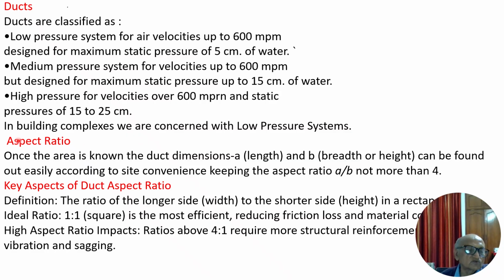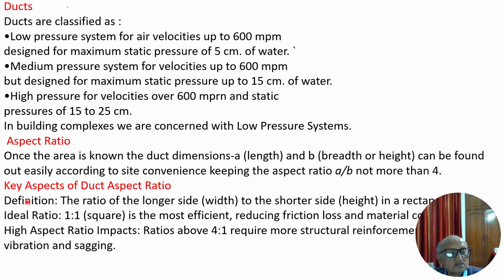There is one more thing about ducting, that is aspect ratio. Once the area is known, the duct dimensions A and B can be found out easily according to site convenience, keeping the aspect ratio A by B not more than 4. We are now discussing key aspects of duct aspect ratio.